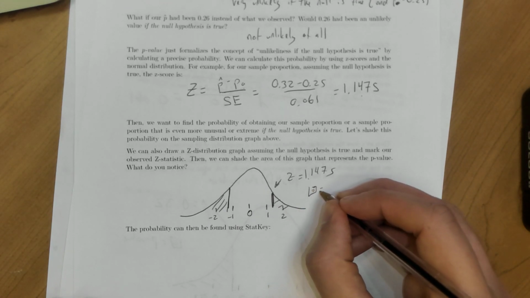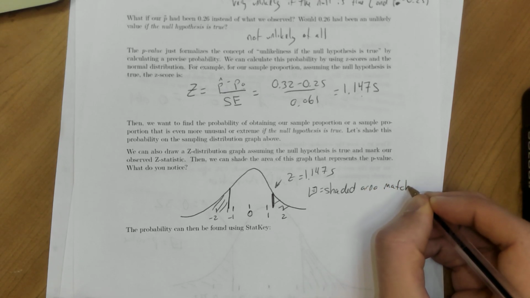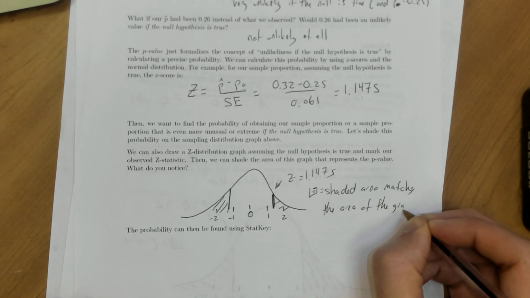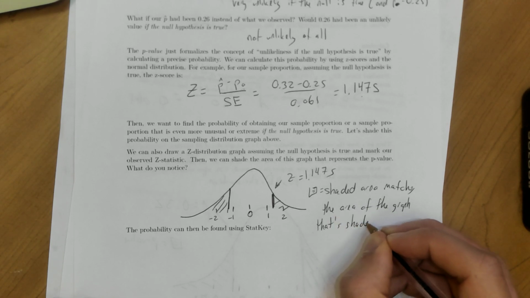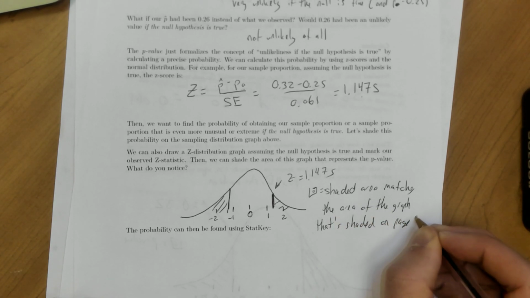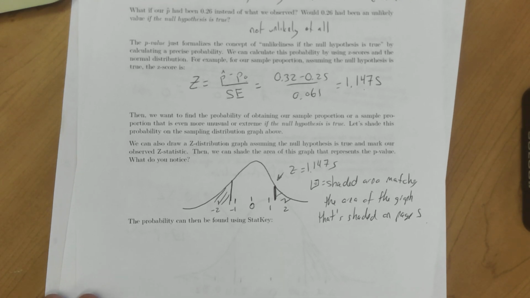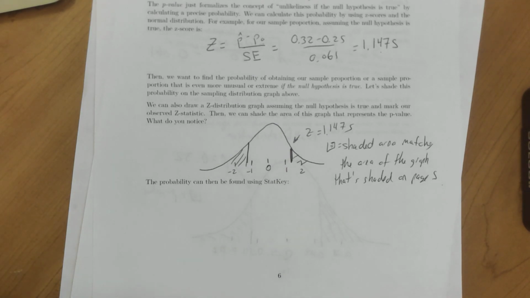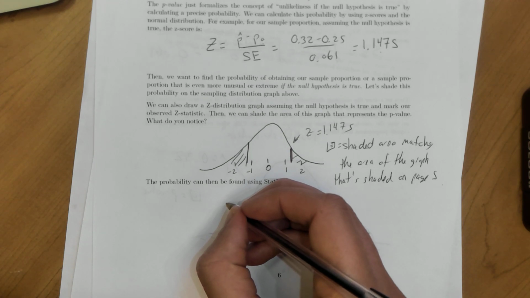And so this shaded area matches the area of the graph that's shaded on page 5. So on the previous page, that area we just shaded matches with what we've done here. And then finally, it's not easy for me to switch between this dot cam and my laptop, but we'll talk more about this in class.